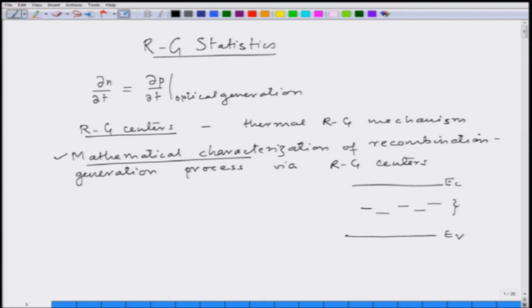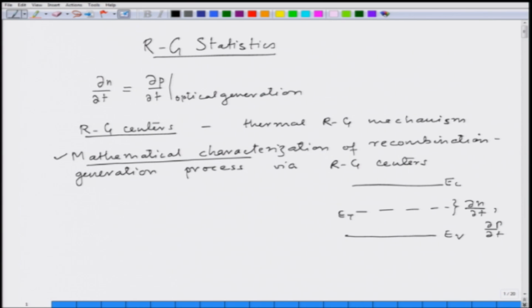How does this affect the change in the carrier concentration, delta n over delta t or delta p over delta t, is what we would like to find now. To simplify things, let us first assume not a large number of mid gap states, but maybe one single type of trap at a given level E t, and let us see how we can incorporate the behavior of this trap and the R-G statistics that involves it.